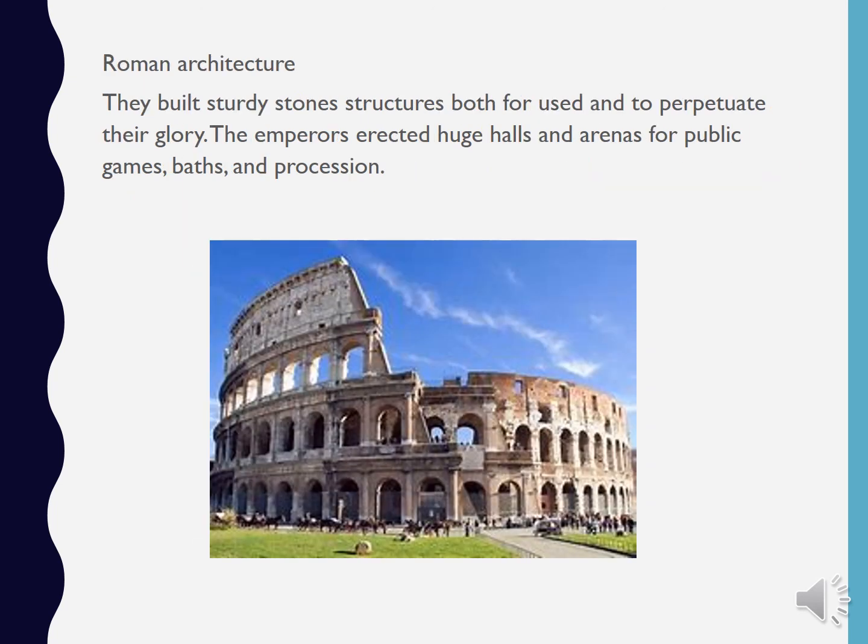Next is Roman architecture. They built sturdy stone structures both for use and to perpetuate their glory. The emperors erected huge halls and arenas for public games, baths, and processions. So these are examples of Roman architecture.